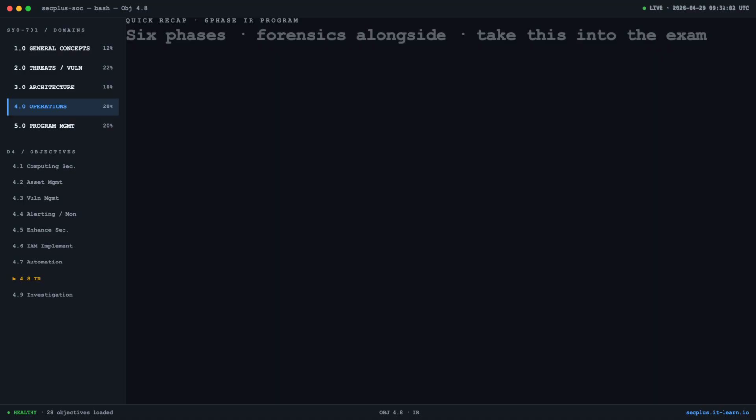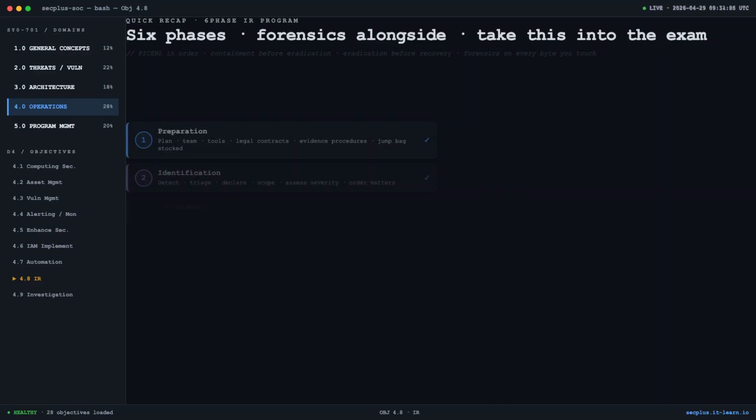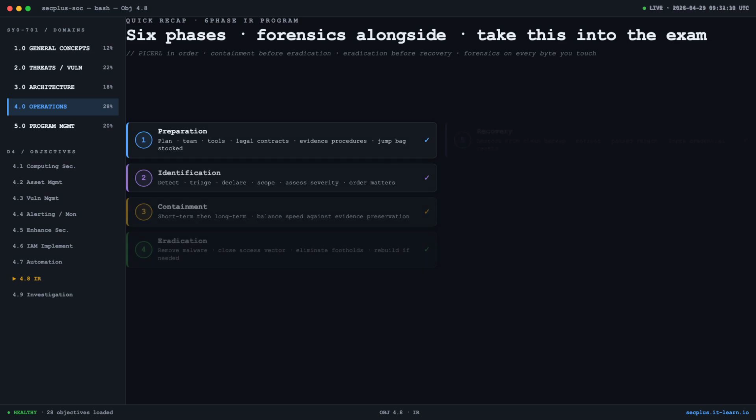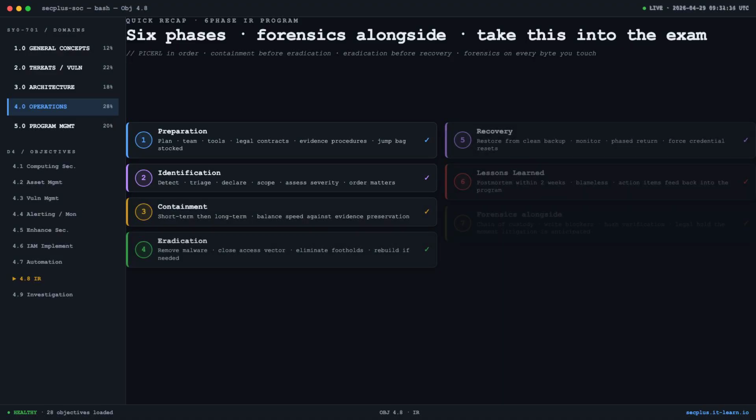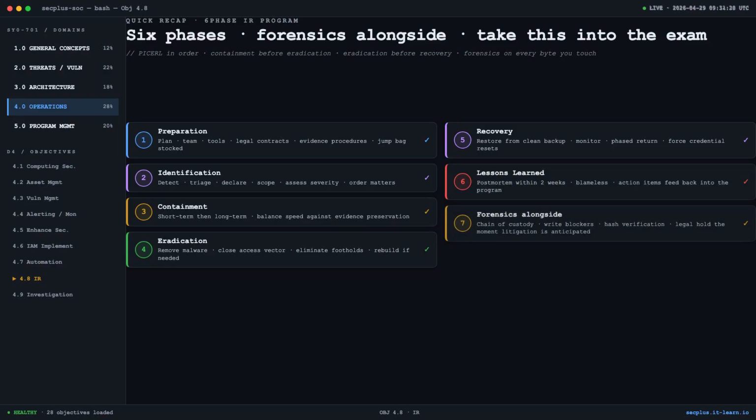Balance speed against evidence preservation. 4. Eradication. Remove malware, close access vector, eliminate footholds, rebuild if needed. 5. Recovery. Restore from clean backup, monitor, return in phases, force credential resets. 6. Lessons learned. Postmortem within 2 weeks, blameless culture, action items feed back into the program.